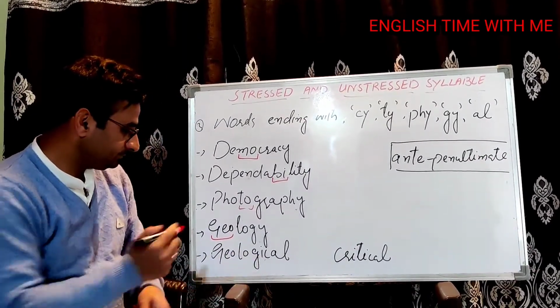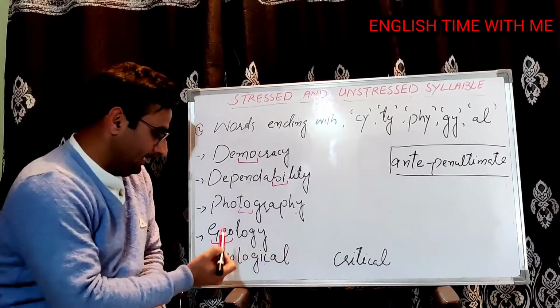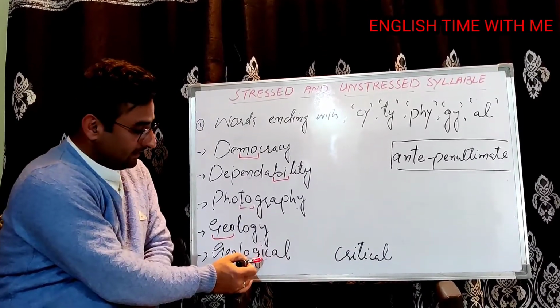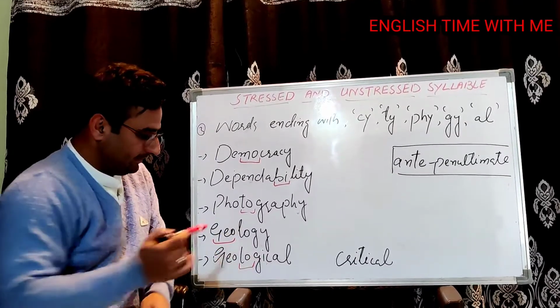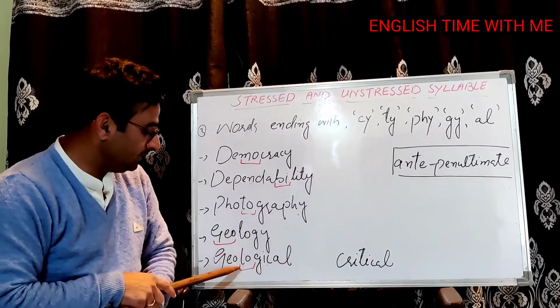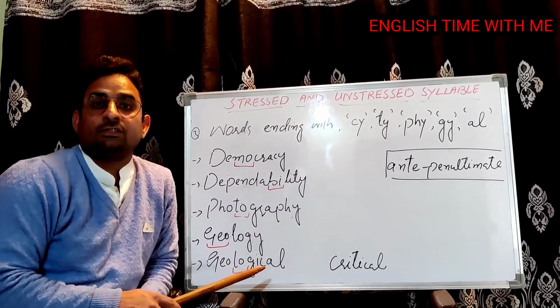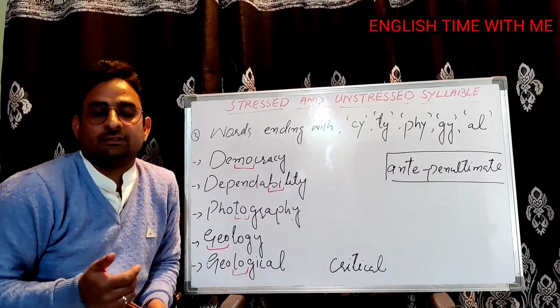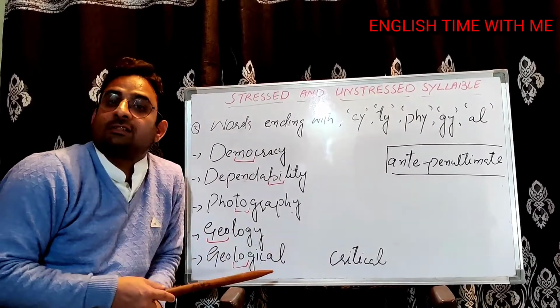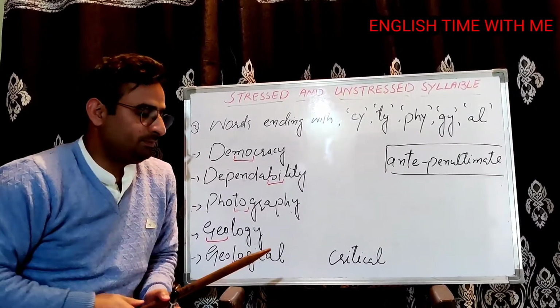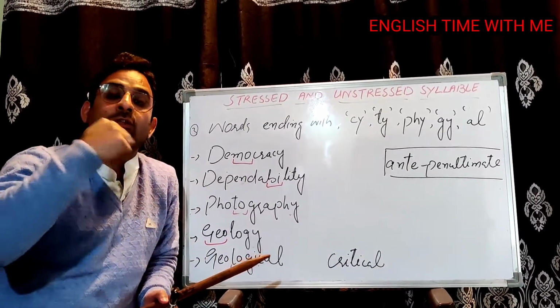Then we have the word ending with al. This is the last syllable, this is second last, and this is third from end. This will be stressed. This is the anti-penultimate syllable here. Geological. We pronounce it as geological. That is wrong. This is geological. Or if it is logical, we will give stress here on lo.